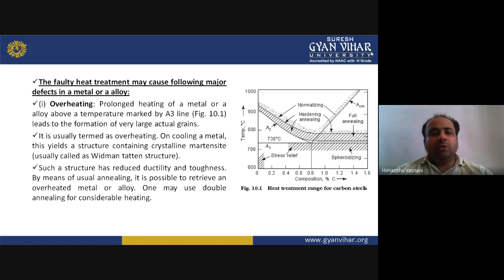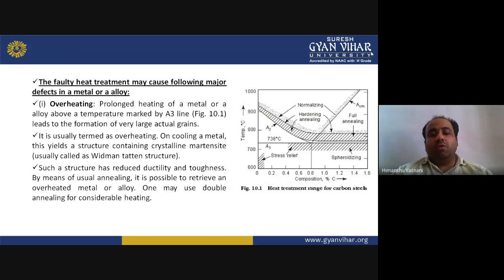You are heating the workpiece to a particular temperature, but it is not reaching there, so continuously heating at that point may also lead to some changes. These are all faulty heat treatments. So we need to understand what kind of defects they cause in a metal or an alloy.